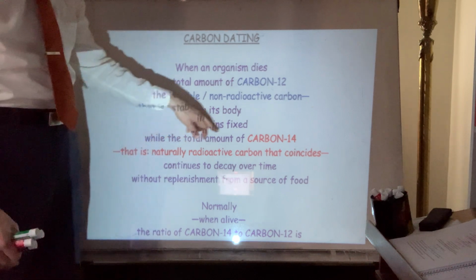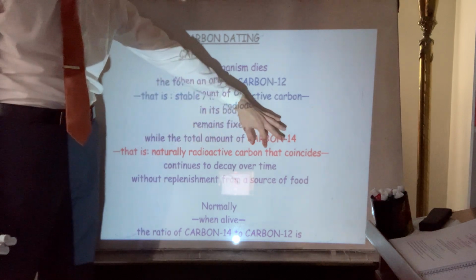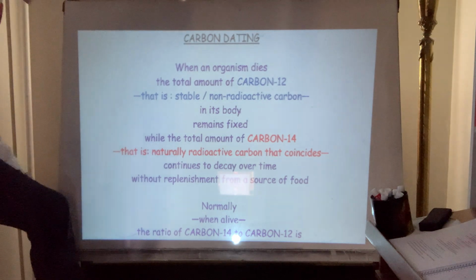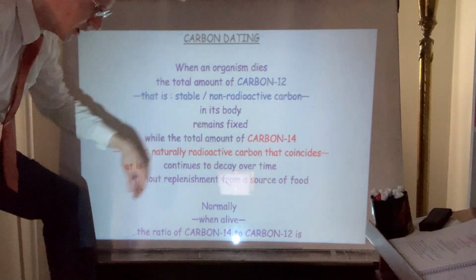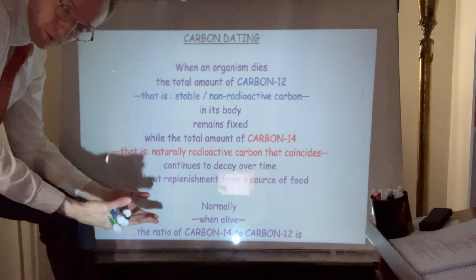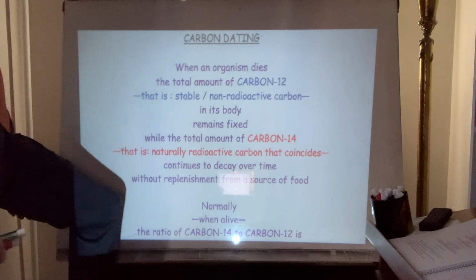While the total amount of carbon-14, that is naturally radioactive carbon that coincides with carbon-12 in the same organism, continues to decay over time without replenishment from a source of food or the air, right? Or if it's an organism that lives in the water, perhaps.